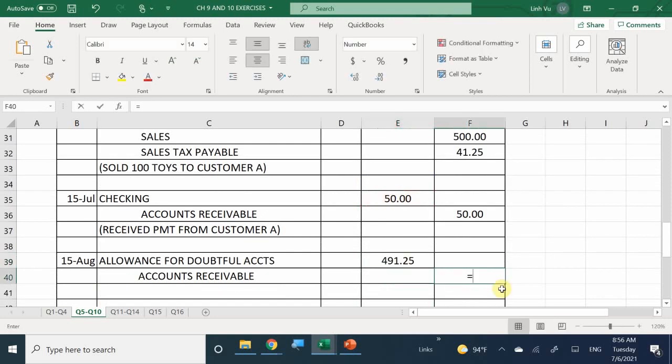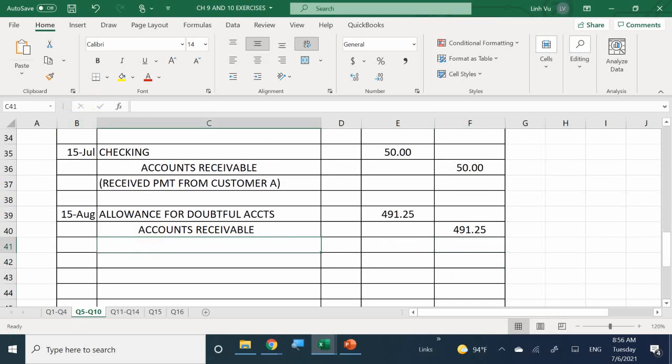This is what customer A owes me as of right now, $491.25. And you could write this as potential bad debt, customer A's accounts receivable balance.